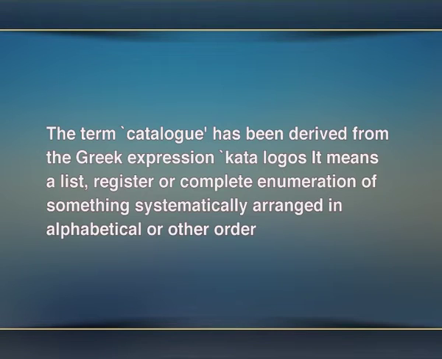The term catalog has been derived from the Greek expression catalogus, and it means a list, register or complete enumeration of something. But it is not just a list, it is systematically arranged in alphabetical or some other order.